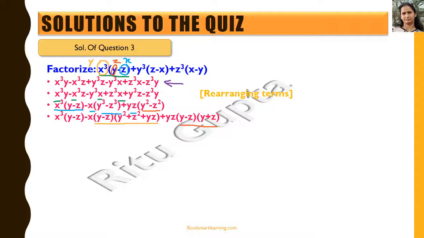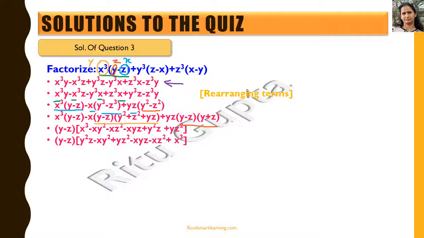So now we can clearly see from this expression that y minus z can be taken out from the complete expression. Here is what we get. We take out y minus z, and then we get x cube minus xy square minus xz square minus xyz plus y square z plus yz square. We've just opened the brackets after taking out y minus z from this whole expression.